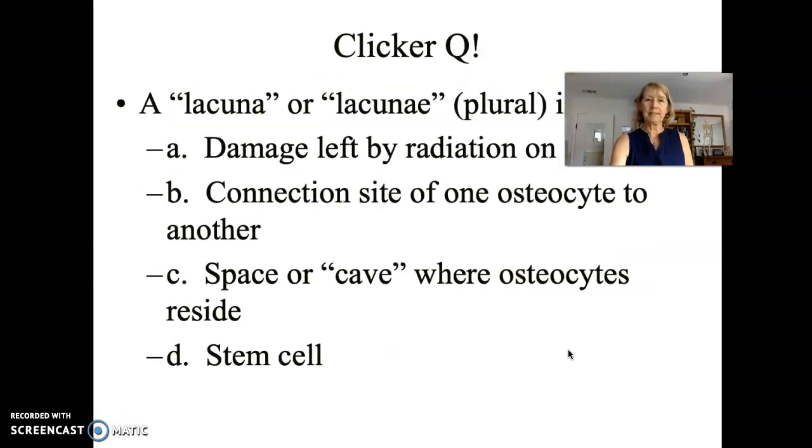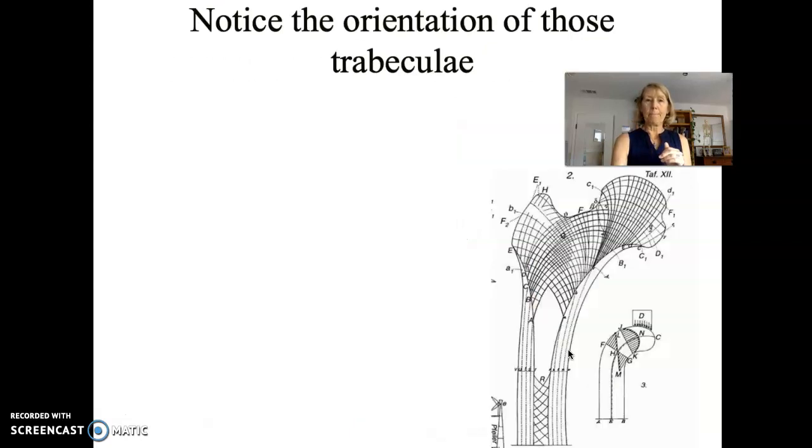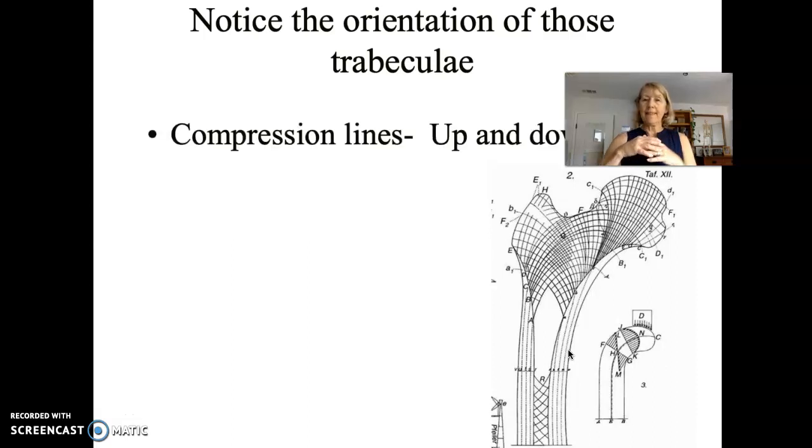I'm going to skip these clickers right now and go to what we see macroscopically. We see these thin plates in the spongy bone, right? And those are called trabeculae. And the orientation of those are in such a way that they were going to take a lot of force.